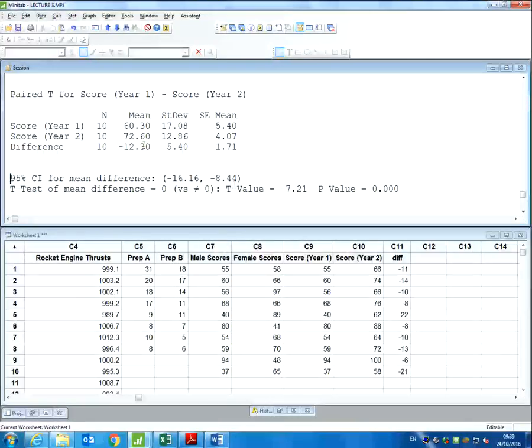Now what's ANOVA and how does it relate to t-tests? Well, there's one word that's important that we define, and that word would be factor.